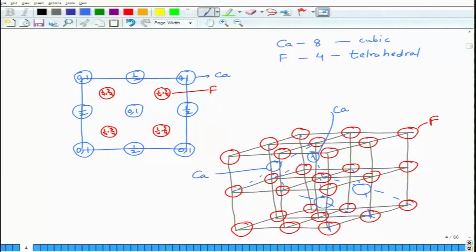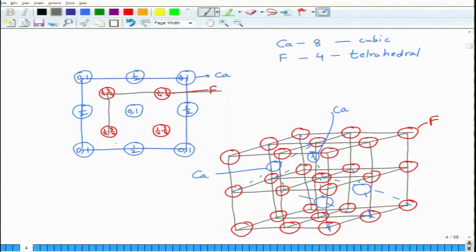So, this structure is basically, you can see now what you can do is that if you take the plan view, now instead of keeping the lattice corner at calcium, you keep the lattice corner at this site. Let us say I keep the lattice corner at this site.